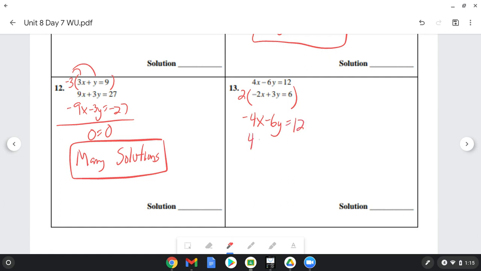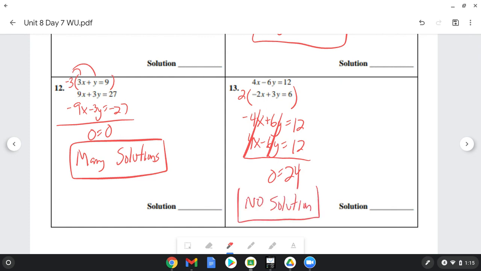On the top, if I bring it down below, it looks like that. Oh, that's plus 6y, I said. So now let's see what happens here. I think the x's are exact opposites. The y's are exact opposites, and that would be 24. 0 does not equal 24, so that would be no solution in that case.